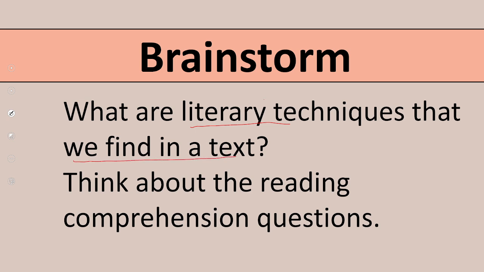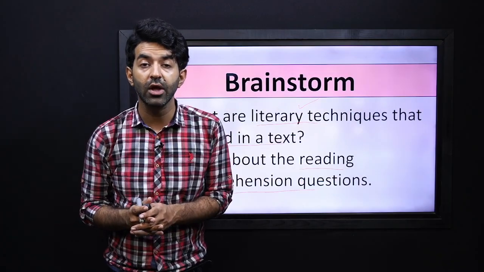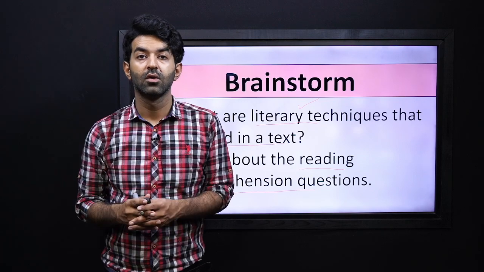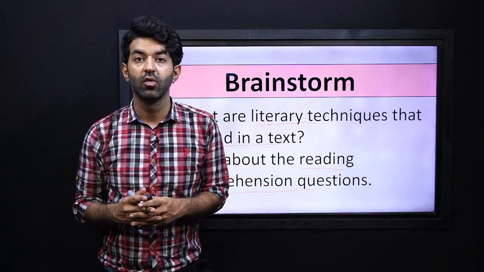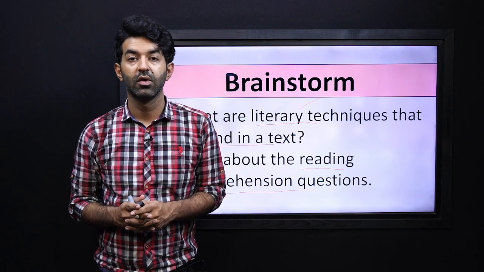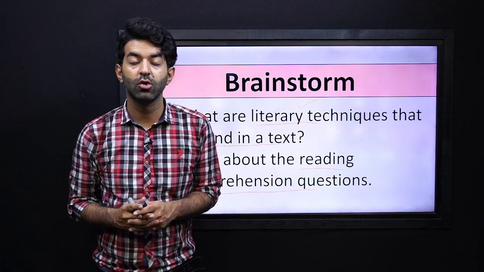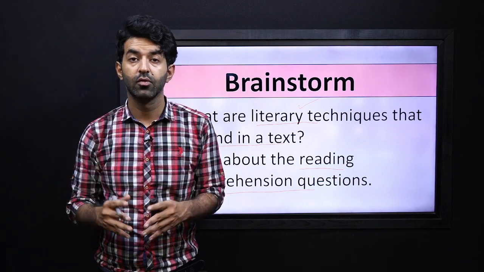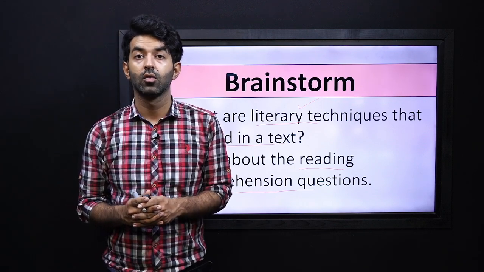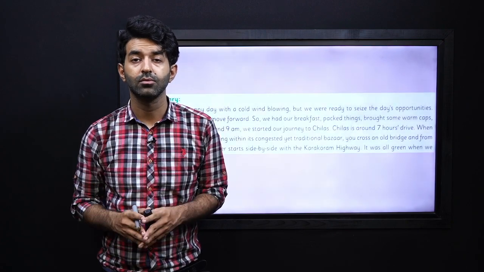What are those literary techniques that the author or the writer uses? Then you have to think about the reading comprehension questions. You have been doing it for so many grades. What are these comprehension questions? We will talk about it and we will begin our lesson. I hope that you are now familiar with the learning outcomes and the brainstorming prompts.